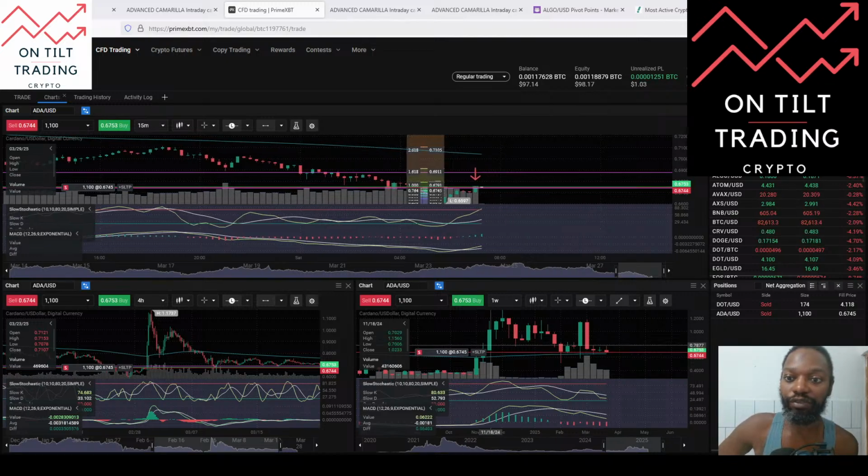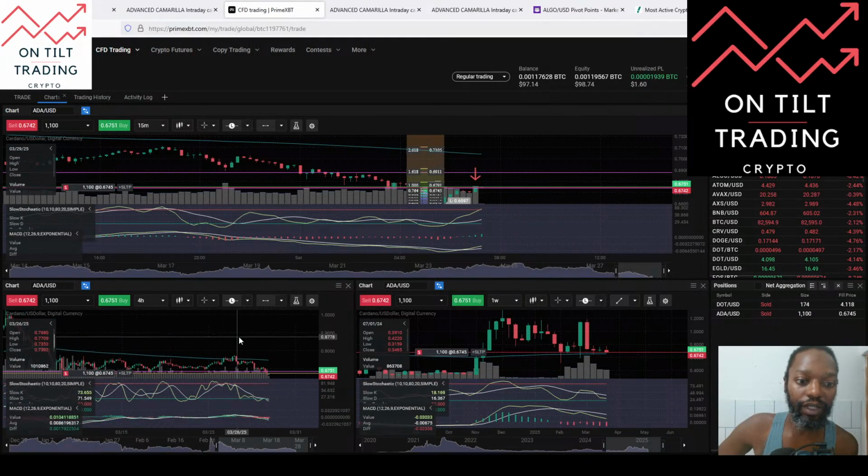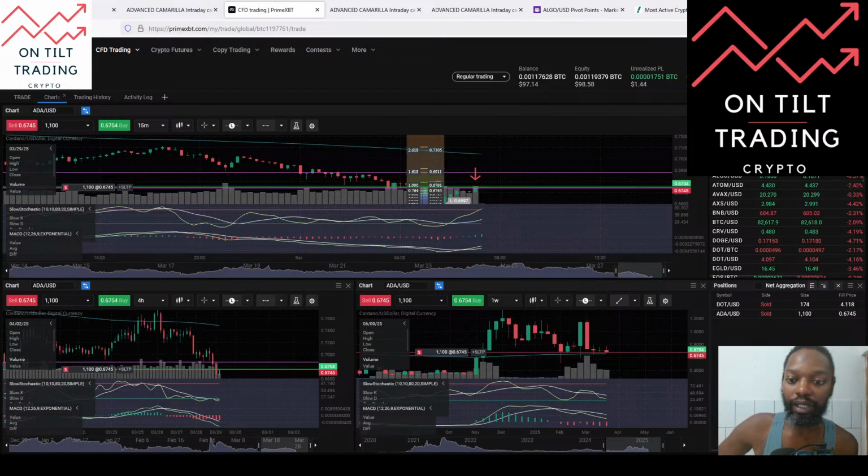So there's the potential that it could break the 200 EMA and sell below. So this is a bit of a risky position for me, not ideal, but if I don't take the position here, I won't get a position in this particular currency pair. Here we can see trading well below the 200 EMA, and here on the 15 we can see trading well below the 200 EMA.